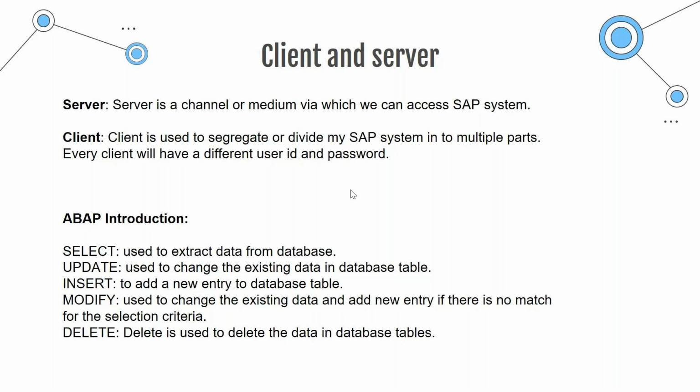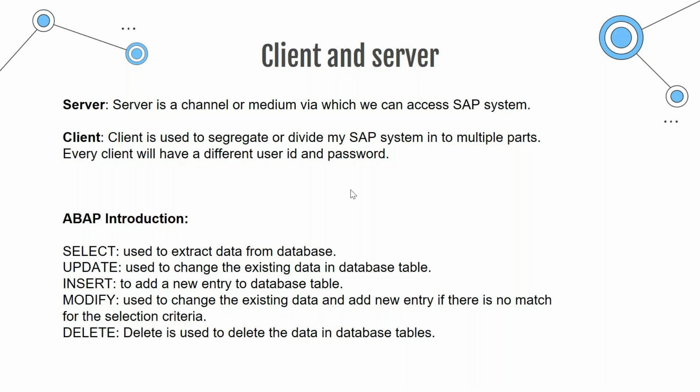If I am not sure whether the employee information is available, but I want to create the employee if not there and also change the information at the same time, go with modify. That is the difference between update and modify. Update is only changing. Modify is changing and creating both, update and insert.